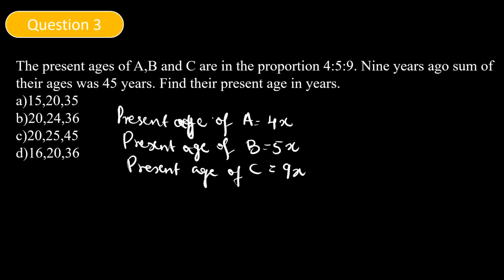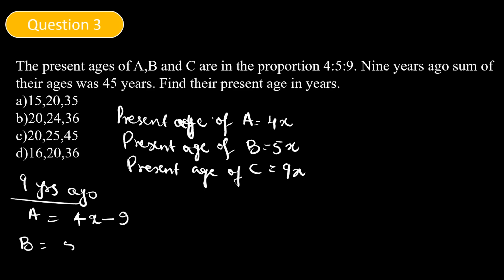It is said that 9 years ago, the sum of their ages was 45 years. So what was their age 9 years ago? Now A is 4x, so 9 years ago A was 4x minus 9, B was 5x minus 9 and C was 9x minus 9. The sum of these ages equals 45.